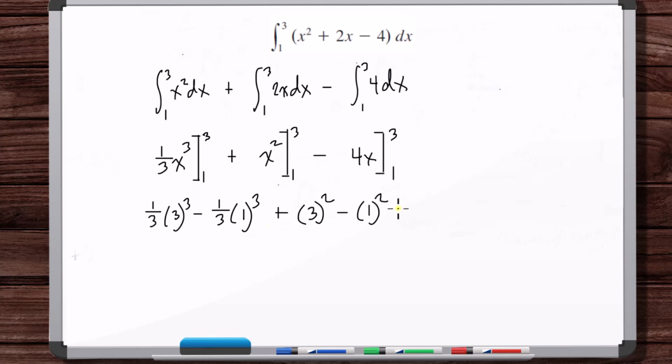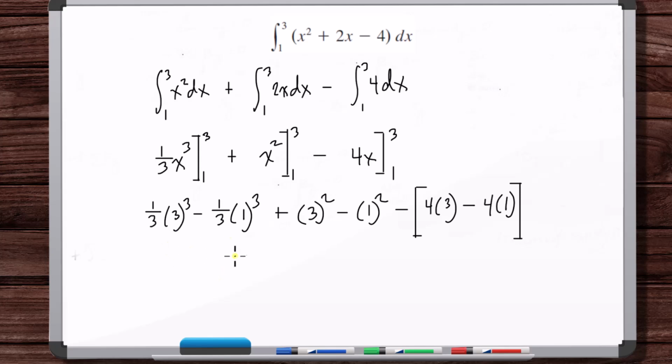Okay, now we got to be careful with this minus sign. We want to put a bracket, this minus sign in front of everything we're about to write here. So we've got 4 times 3 minus 4 times 1. Right? This minus sign is in front of all of this.